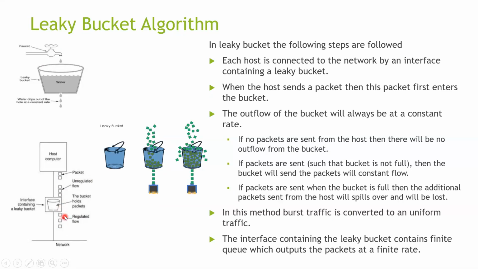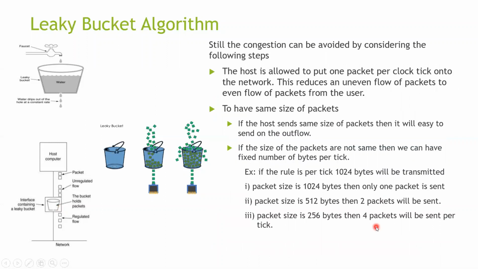Okay, 4 packets per second means it will always be 4 packets per second. So there is a finite rate. Now we can have an interface containing a leaky bucket. But at the host computer, we can still avoid this congestion.